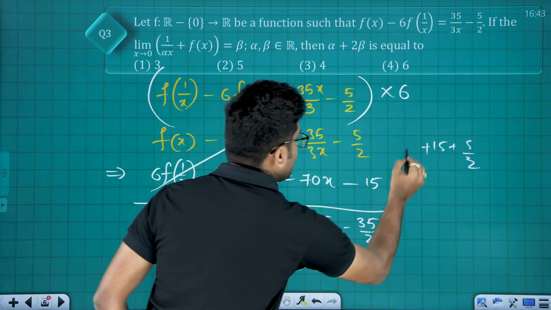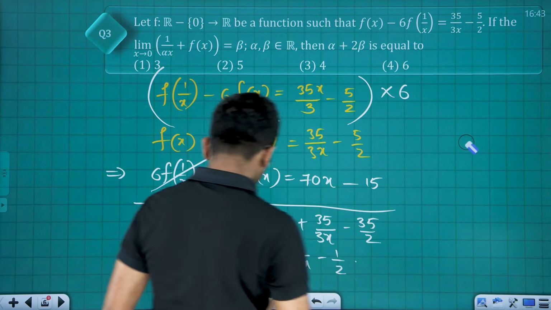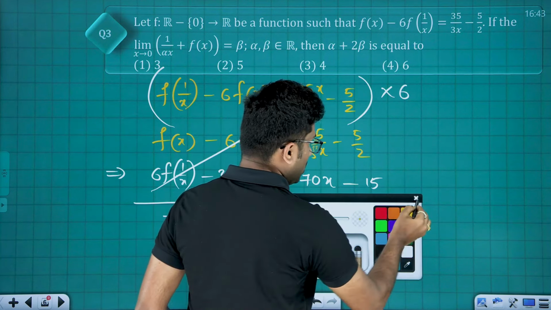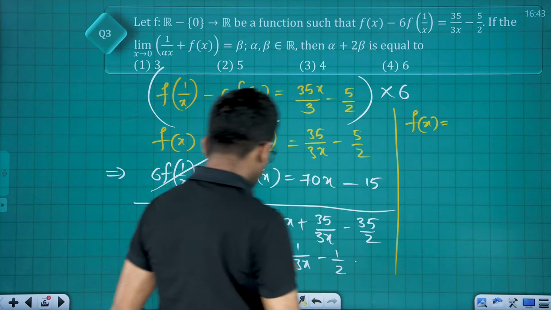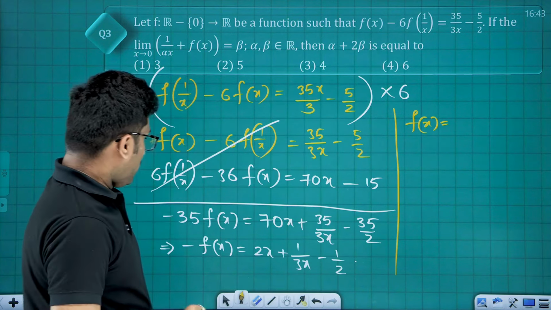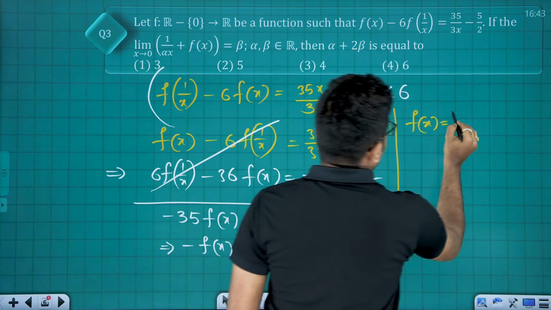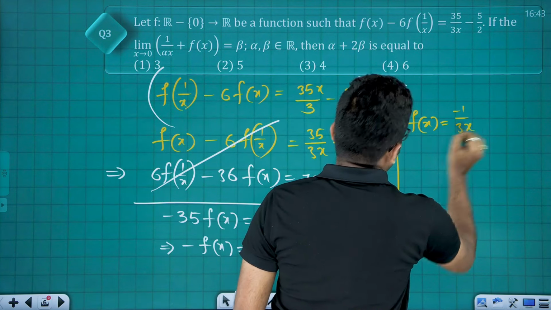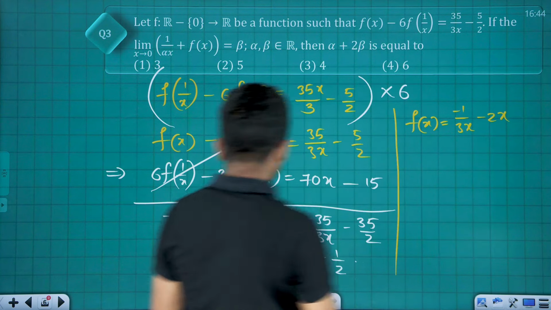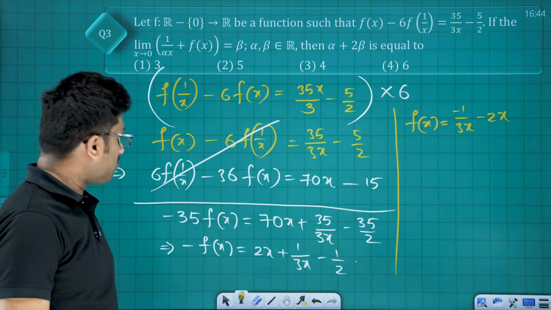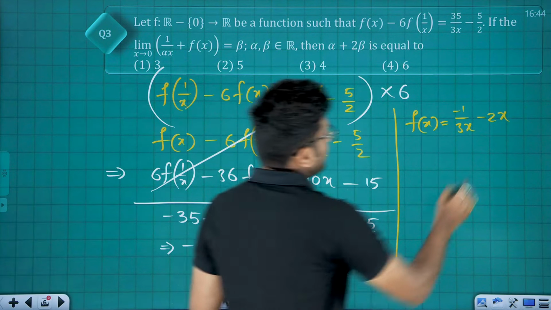So from here finally we have got f of x. What is our f of x? Clearly f of x is equal to minus 1 by 3x minus 2x plus 1 by 2.